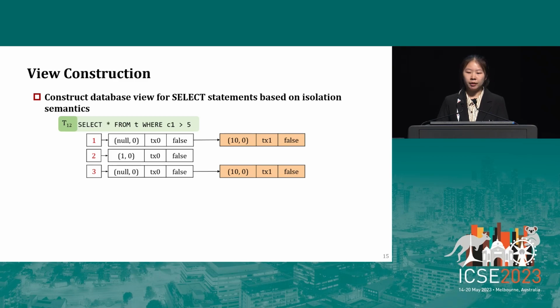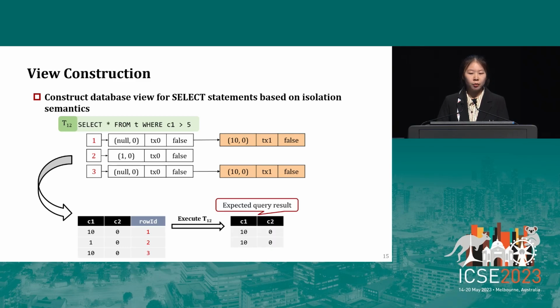For a select statement that is executed in the same transaction, it should see its own transaction's modification. It reads all the latest versions in the database change history and constructs its database view. We then execute the statement on its view and obtain its expected query result.